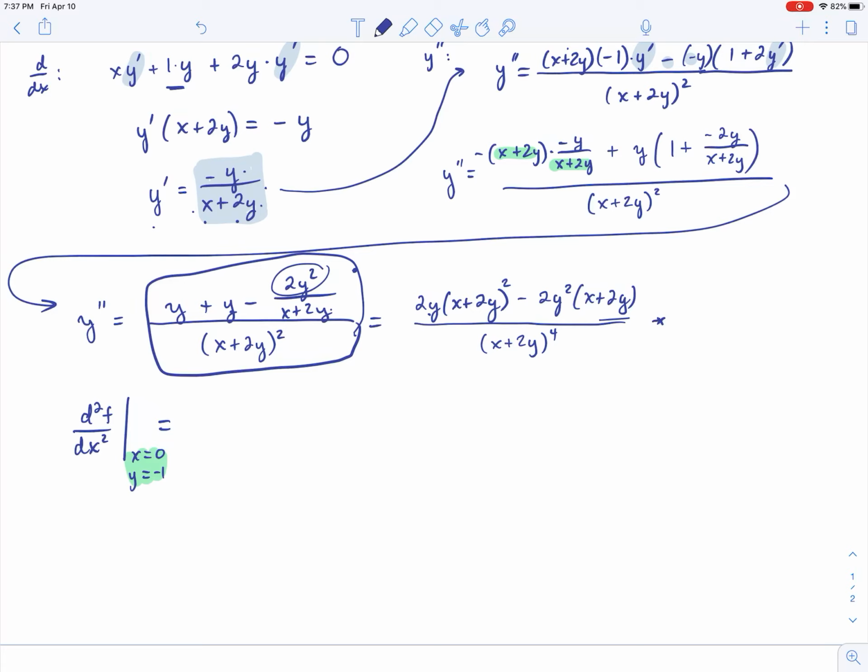Okay, so y plus y, so negative 2, minus 2y squared, which is just 2, over x, which is 0, plus 2y, so negative 2, all over x plus 2y again, which is negative 2, but squared, so all over 4. And so I'm going to have negative 2 plus 1, so negative 1 over 4. And I just checked, and that's the correct answer.